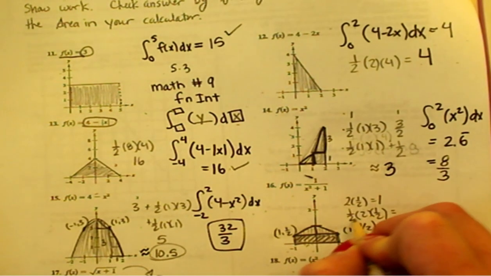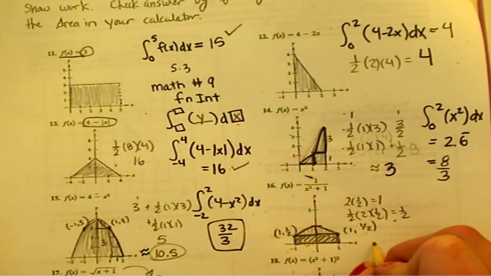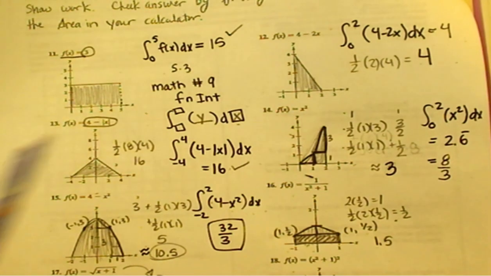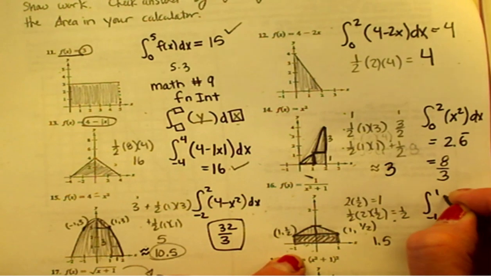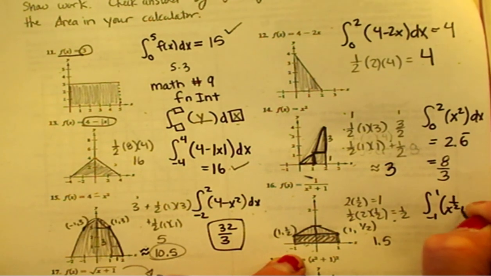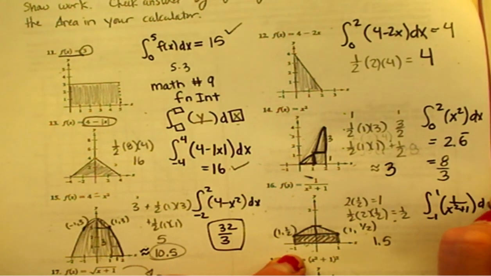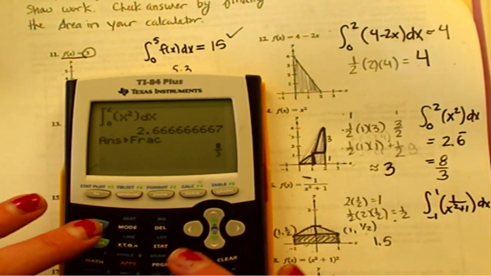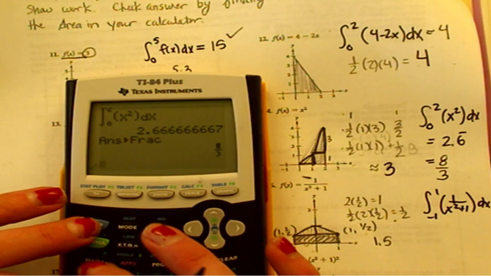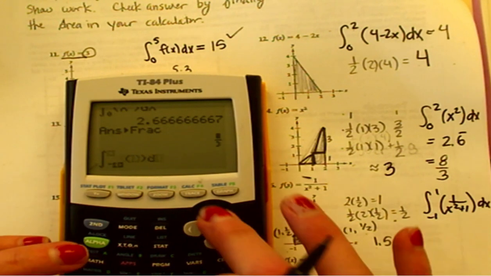So that gives me 1/2. So together, that's 1.5. So now let's test it for real. So -1 to 1. Math 9, -1 to 1.